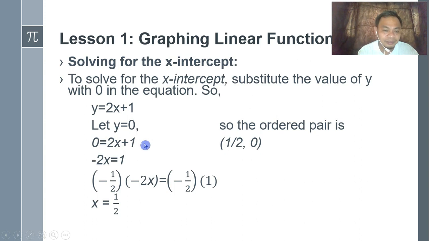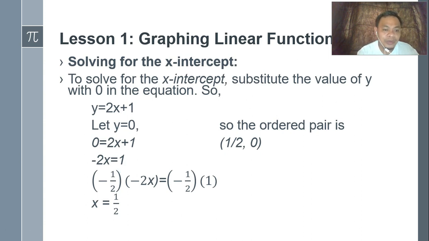Then it becomes negative 2x is equal to 1. We moved the term with variable x to the left side of our equation, and what remained on the right side is the constant 1, using the property of equality. So, we will add negative 2x to both sides. So we will get the value of x.